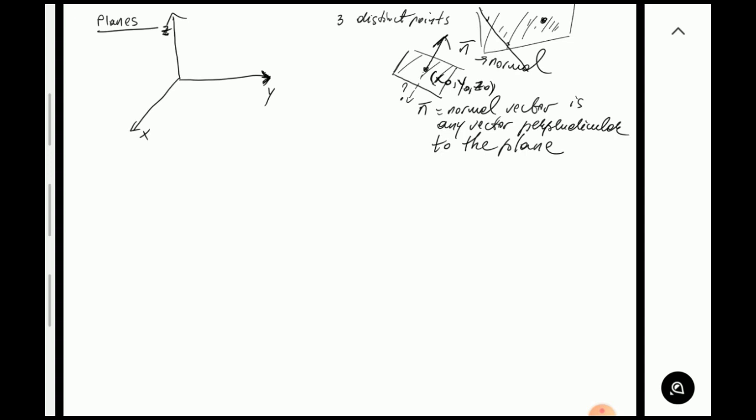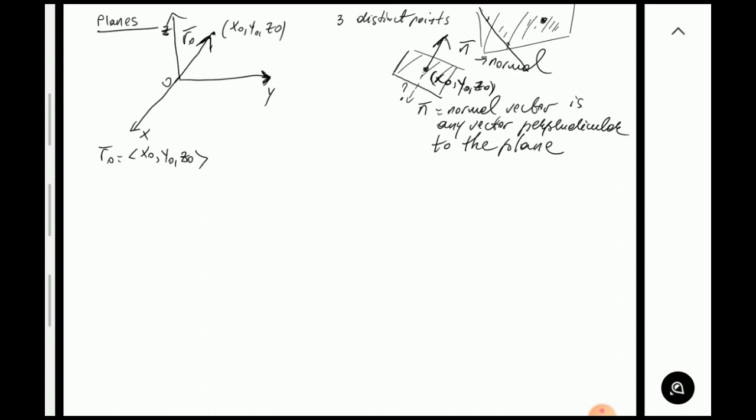All right, so let's visualize this with position vectors like we did before. So suppose the given point is over here. And then like before, let's call by r naught the position vector to that point.